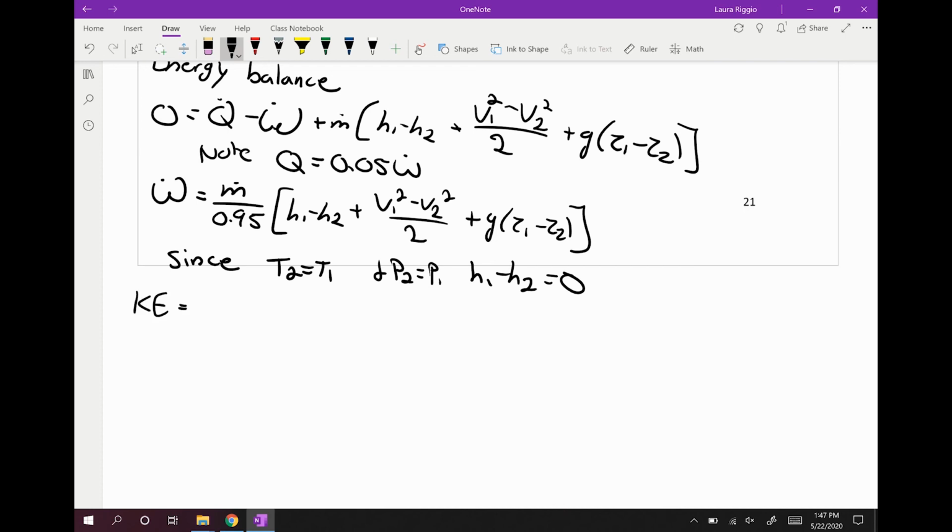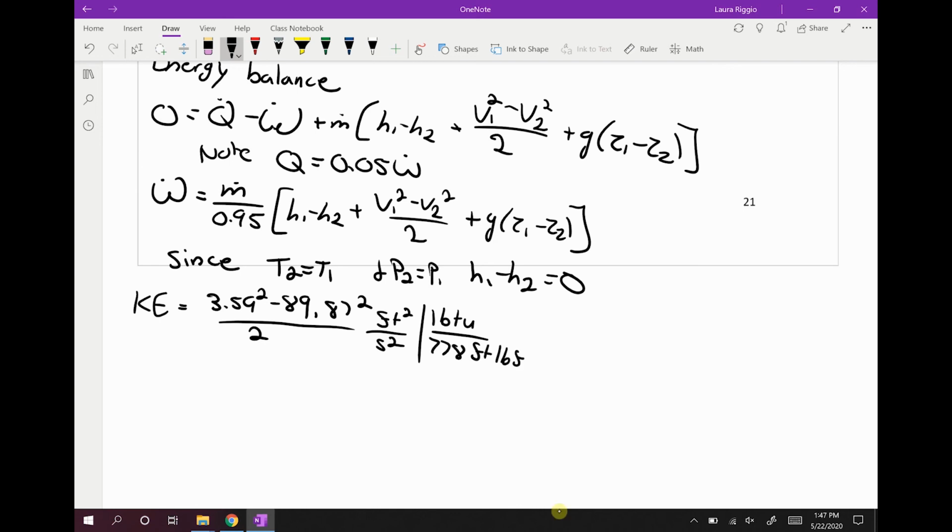So we have our change in kinetic energy is 3.59 squared minus 89.87 squared divided by 2, this is feet squared per second squared, times 1 BTU over 778 foot-pounds, times 1 pound force over 32.2 pound mass feet per second squared. Our change in kinetic energy is minus 0.1614 BTU per pound.